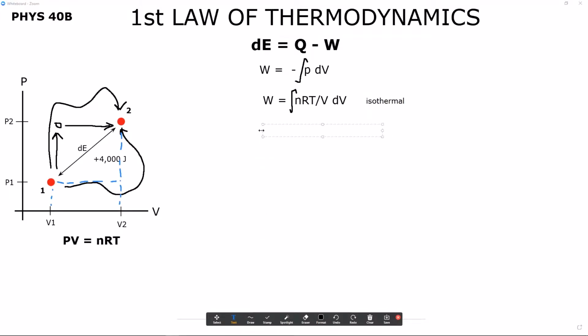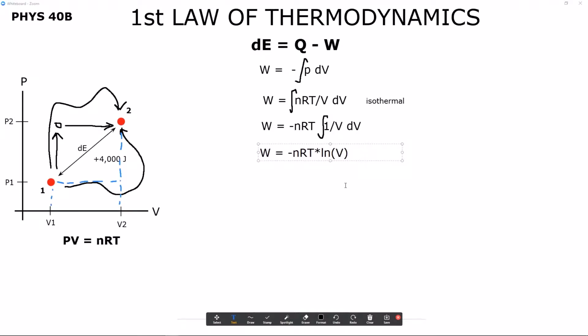Now we have W equals, I forgot the negative in there, negative nRT times the integral of 1 divided by V dV. If you remember from calculus, the integral of 1 over your variable is equal to the natural log of the variable. So we can finally get a statement that is doable: W equals negative nRT times the natural log of V.